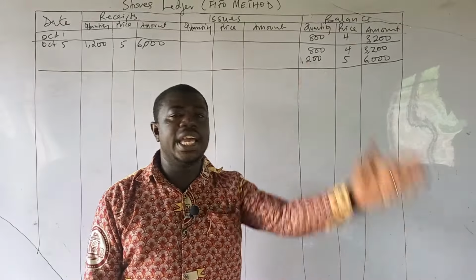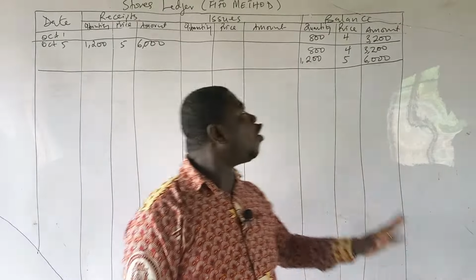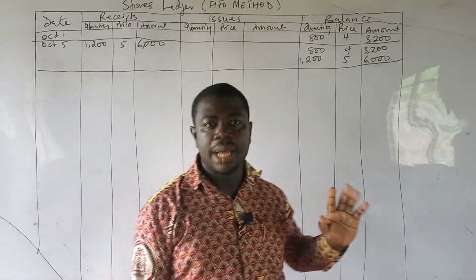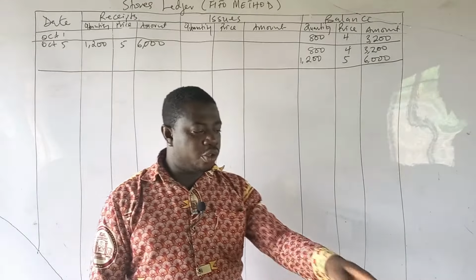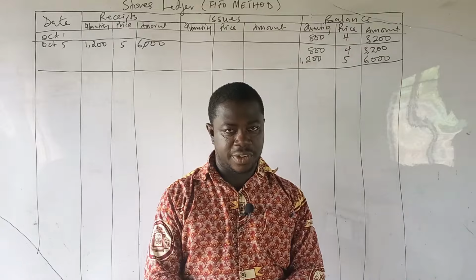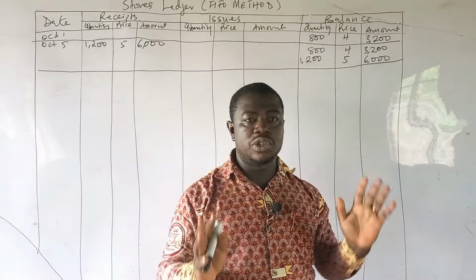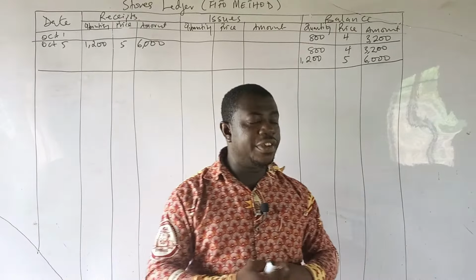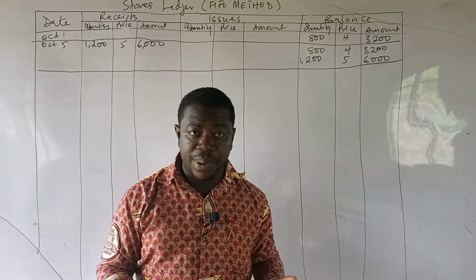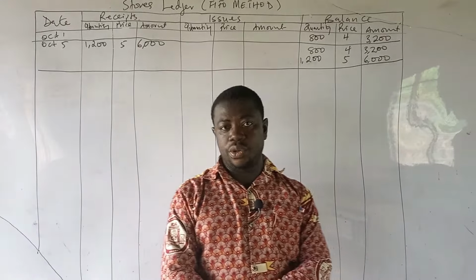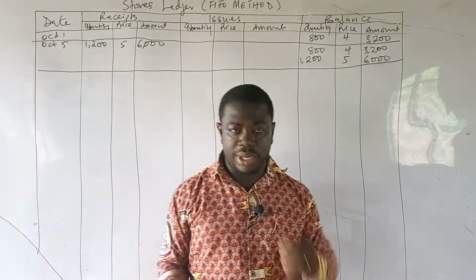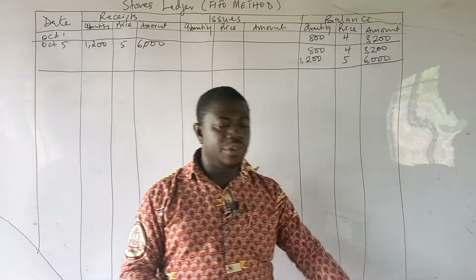We are not going to use any of the sales prices for the stores ledger. But when we get to the profit statement, I will show you how to use that one to get your sales value. But for now, forget about it. Even though they have given us the unit price for the sales, ignore it.